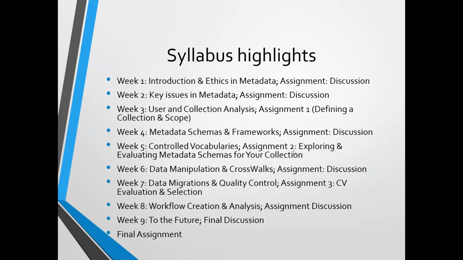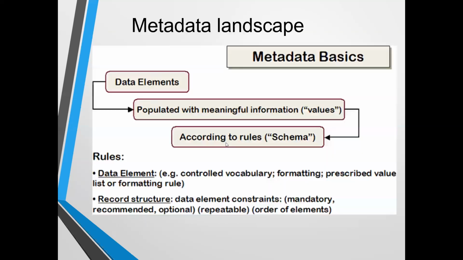Syllabus highlights, just to set the stage for where we are. We're talking about metadata schemas and frameworks. Those two terms are kind of interchangeable in terms of how things work together. A metadata schema is, in the most general sense, a list of elements and best practices. And that's really as simple as it gets.